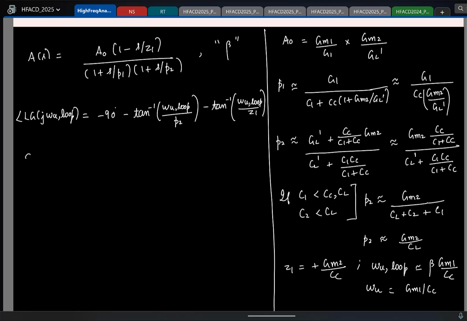So which means if I write the phase margin, the way I will see it is 180 minus the absolute value of this, so that there is no confusion with negative signs. So that will give you 90 minus tan inverse of omega u loop by P2 minus tan inverse of omega u loop by the zero.